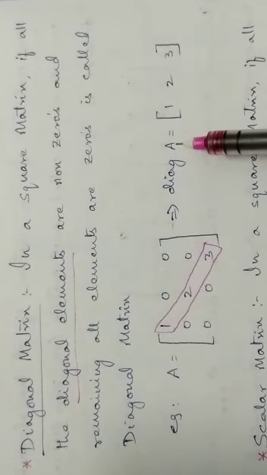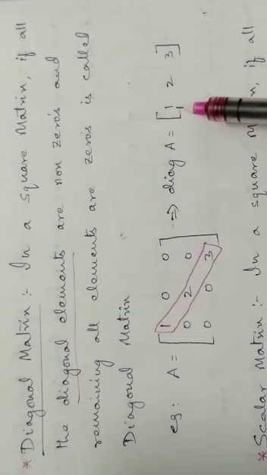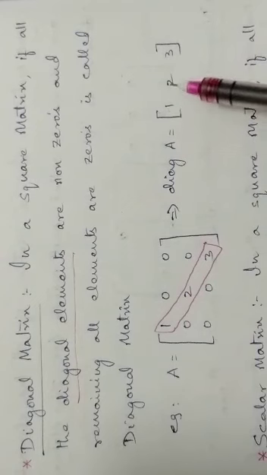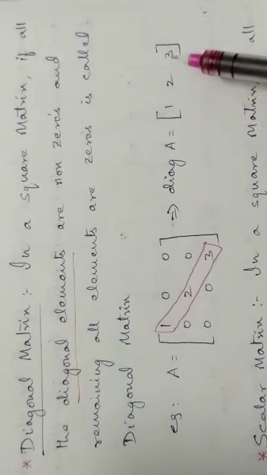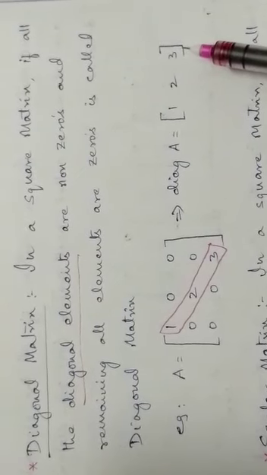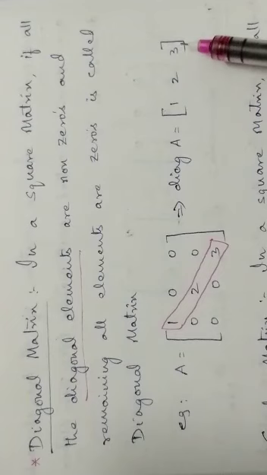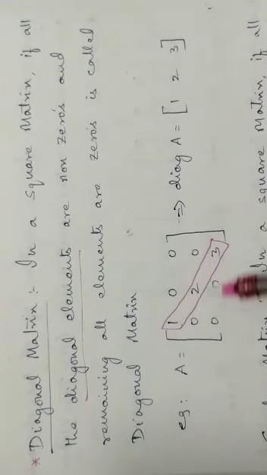In the matrix A, I am writing only the diagonal elements 1, 2, 3: first row, first column, second row, second column, third row, third column. Only 3 elements. Remaining elements are all zeros.